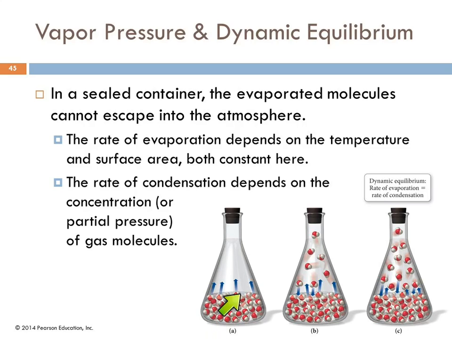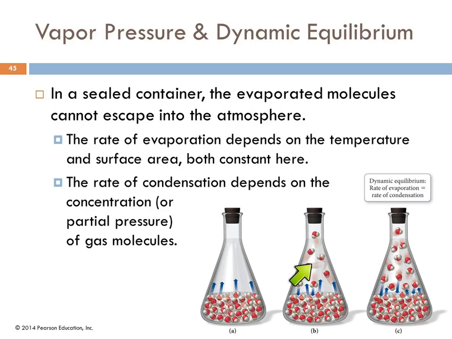The rate of the evaporation here is going to depend on the surface area of the water, and it's going to depend on the temperature of the water. And so the rate of evaporation is not really going to change. The rate of condensation is going to depend on the number of gas molecules that are present.